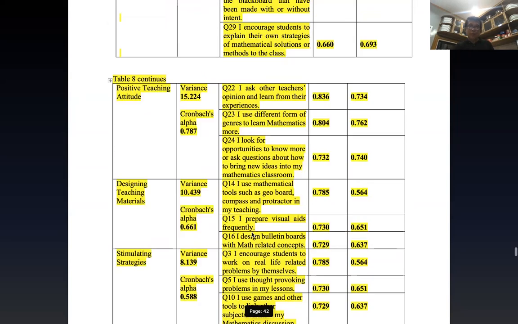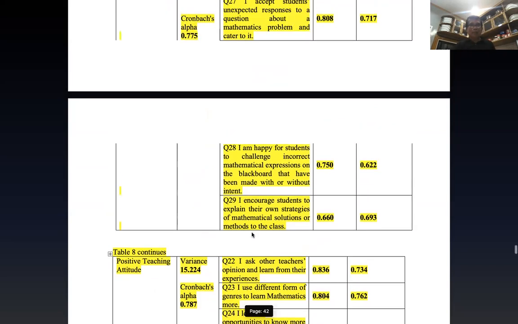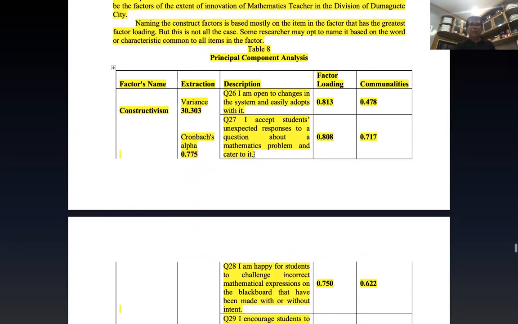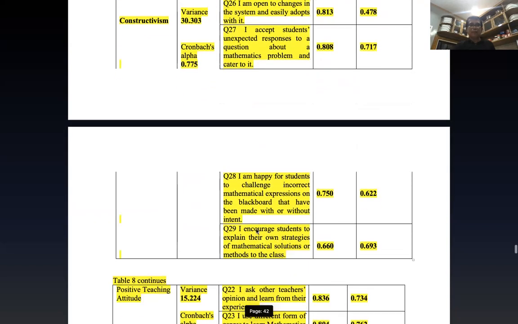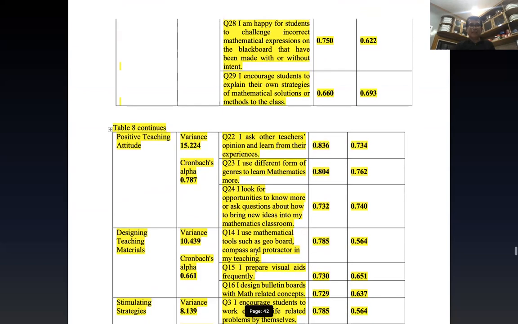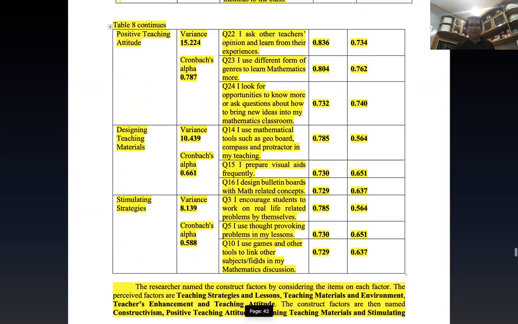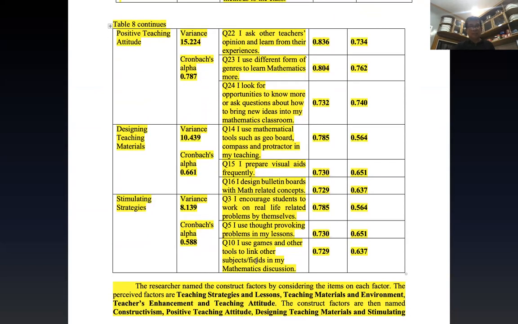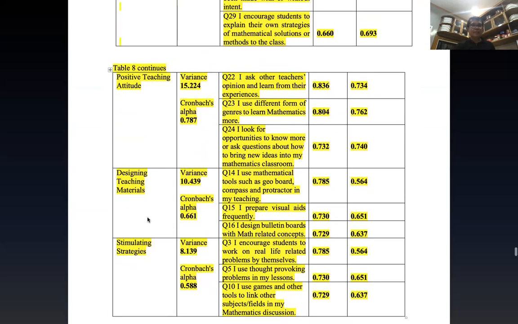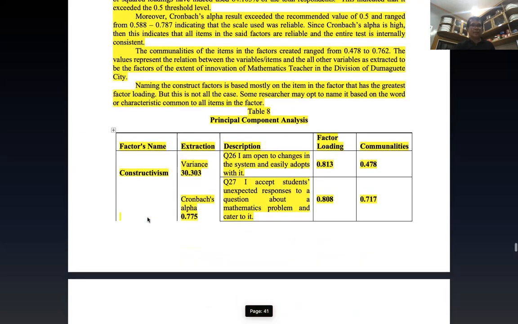So overall, if we count the items that belong to the new factors, we have 13. So 13 items being distributed to stimulating strategies, designing teaching materials, positive teaching attitude, and constructivism.